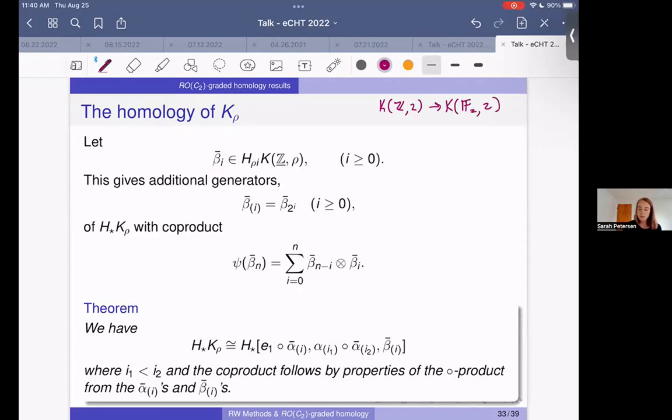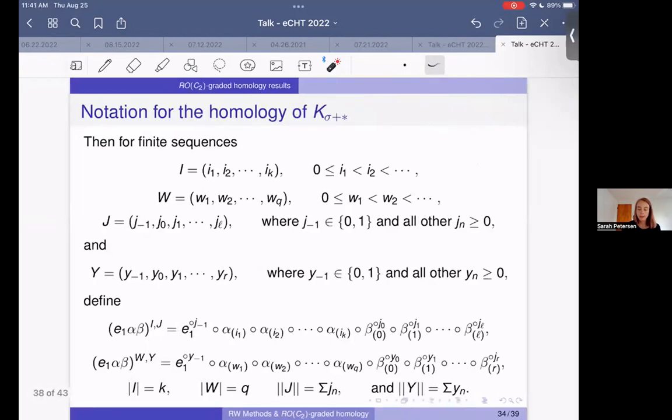And now we have the same sort of thing showing up equivariantly, where now these are Mackey functors, and that's how we get additional generators beta bar I, and the homology of K rho is exterior on a mix of generators E1 and alpha I coming from non-equivariant homology, circled with generators in K sigma and these new generators beta bar I. And from here, one can continue applying the bar spectral sequence in order to get the homology of all of the spaces K sigma plus I.